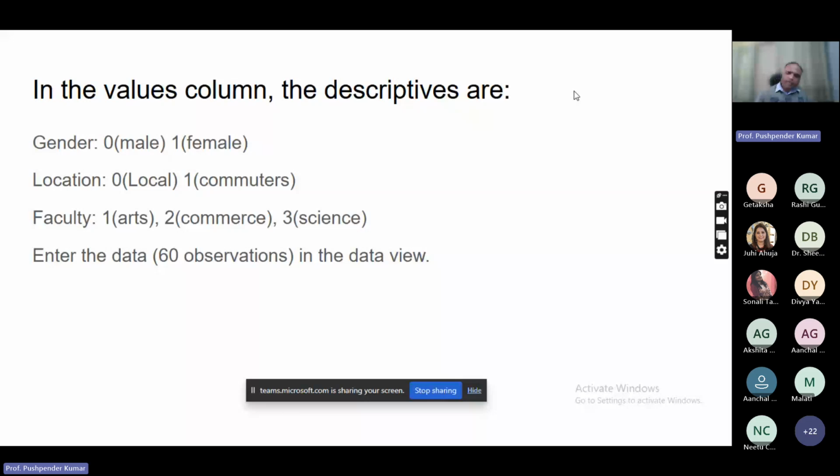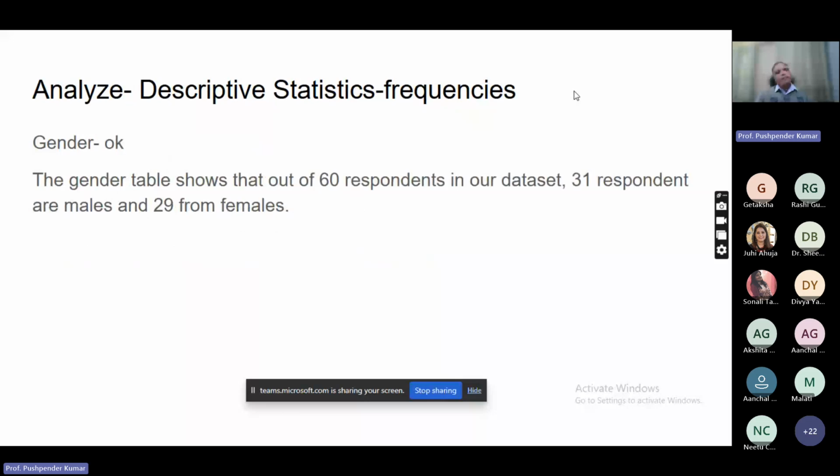So we are describing our data first and then going for analysis. The command in SPSS is Analyze, Descriptive Statistics, Frequency, and you get the frequency of male and female. The total is 60 respondents, and 31 are male and 29 are female.